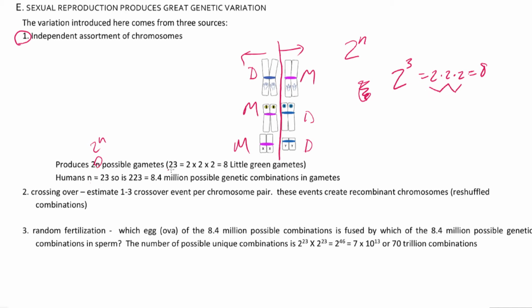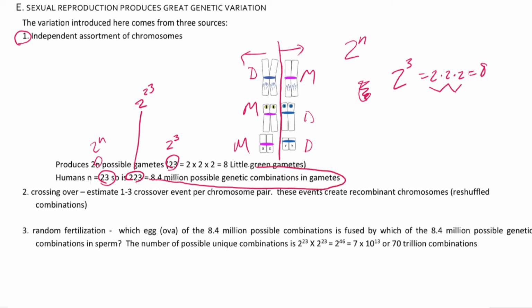Humans, on the other hand, have a haploid number of 23, so it should be 2 to the 23rd power for humans. You get over 8 million possible genetic combinations.